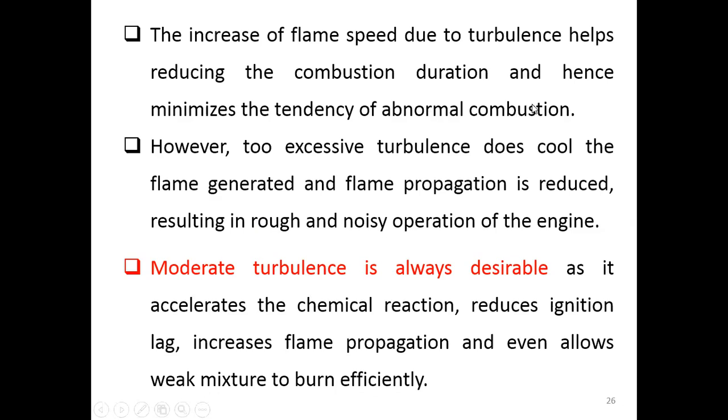So turbulence reduces the time for complete combustion and also reduces the chance for abnormal combustion. But it always happens like this: we cannot go too far left and too far right. This is what happens in internal combustion engines.